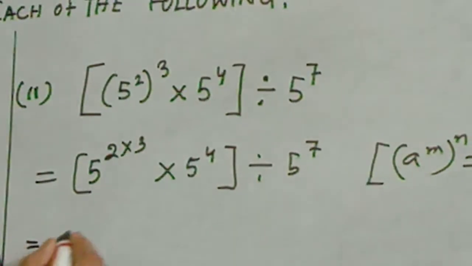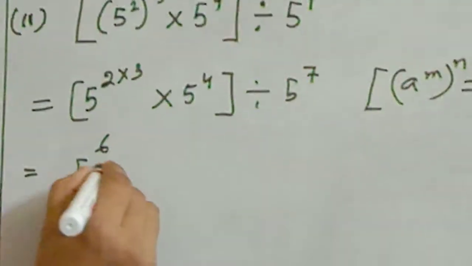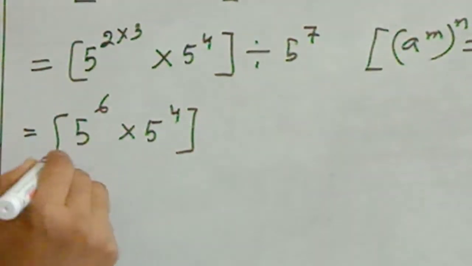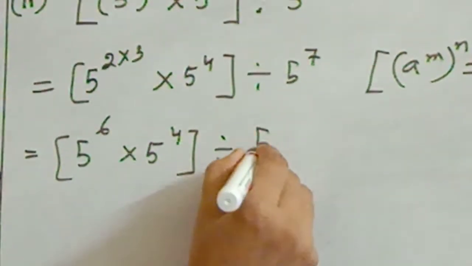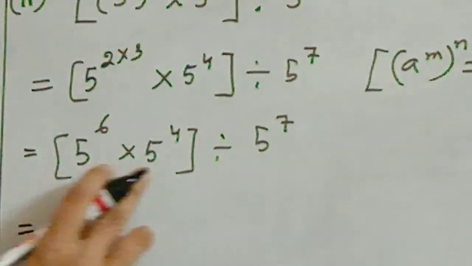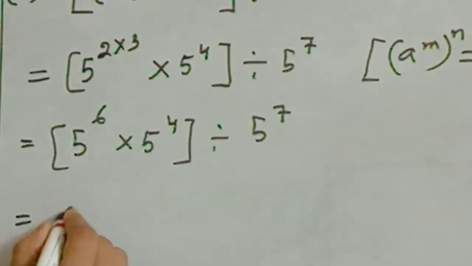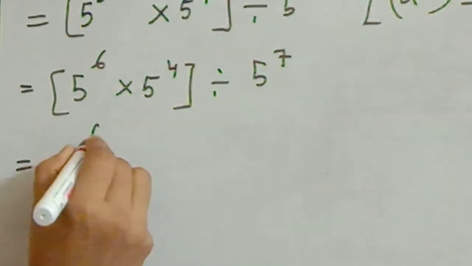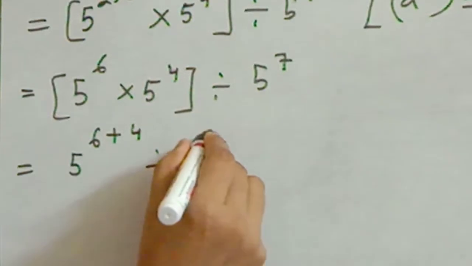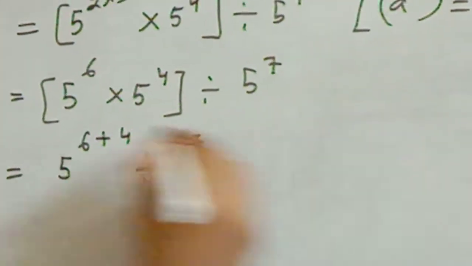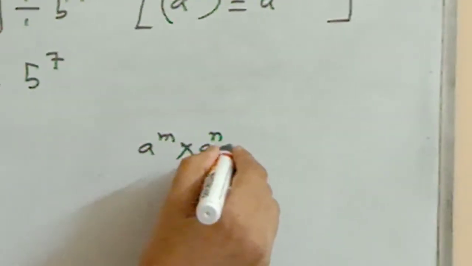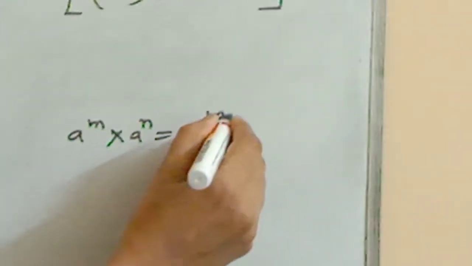Next, 5 to the power 6 into 5 to the power 4 inside the bracket, divided by 5 to the power 7. Inside the bracket you can see that the bases are same, powers are different, with a multiplication sign. So 5 to the power 6 plus 4 divided by 5 to the power 7, as you have used a to the power m into a to the power n is equal to a to the power m plus n.